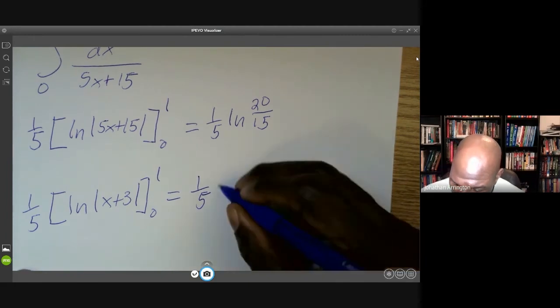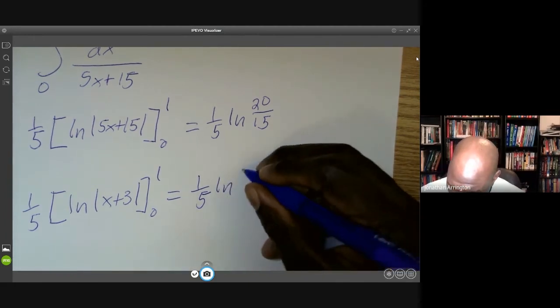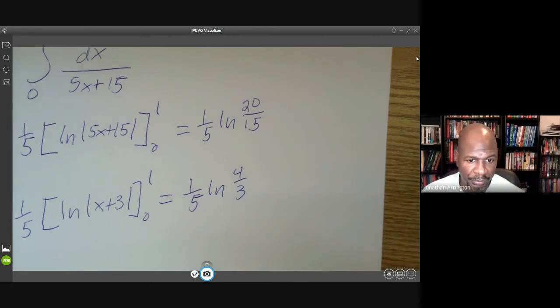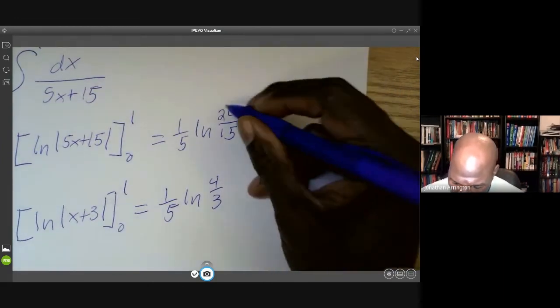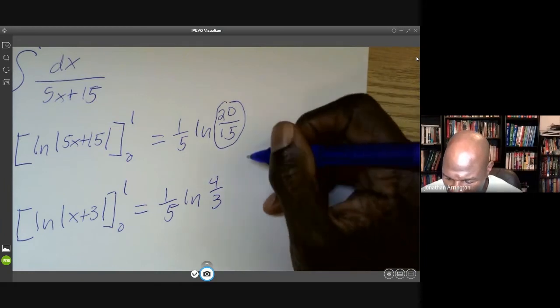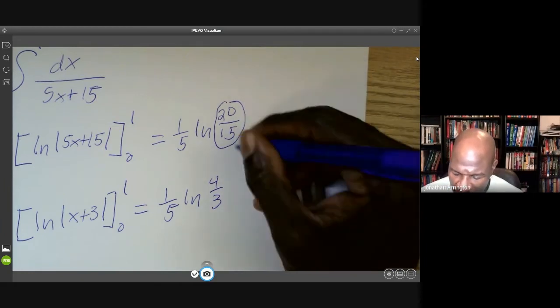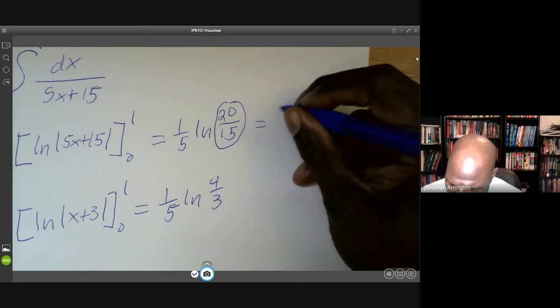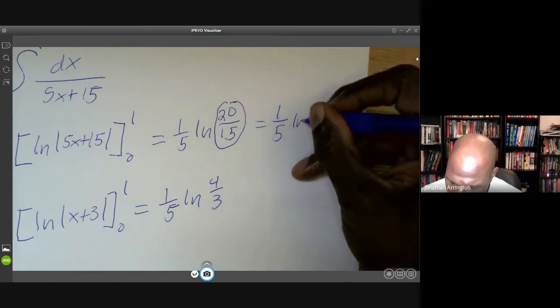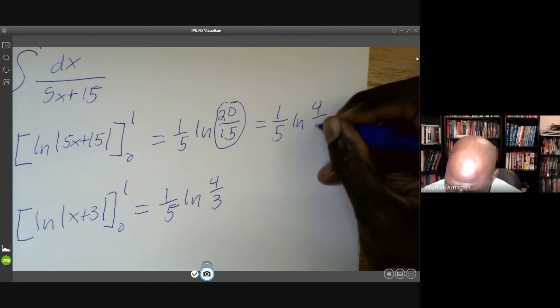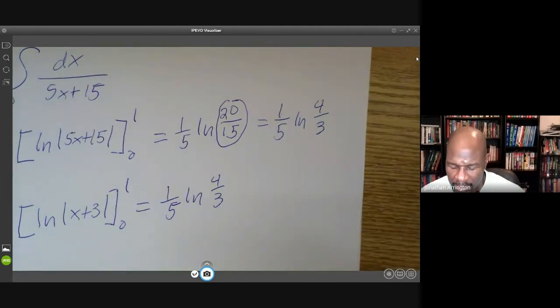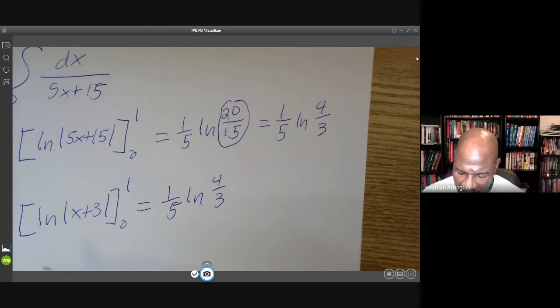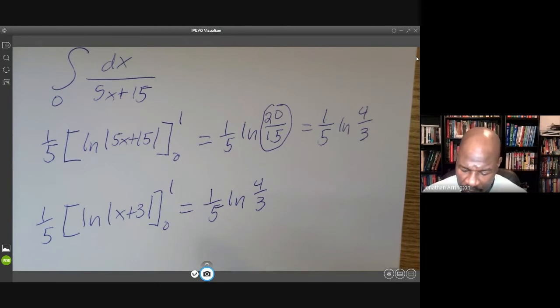So that'll be 1/5 ln of 4 over 3. Of course, 20 over 15 can be simplified. You can divide both numbers by 5. So that's 1/5 ln, yes, you guessed it, 4 over 3. So I submit to you that 1/5 ln of x plus 3 and 1/5 ln of 5x plus 15 are exactly the same answer.